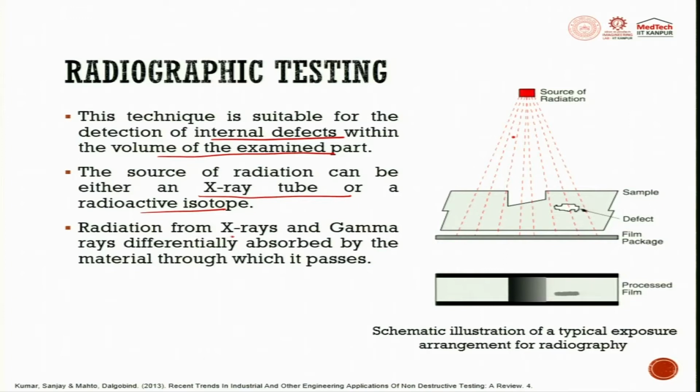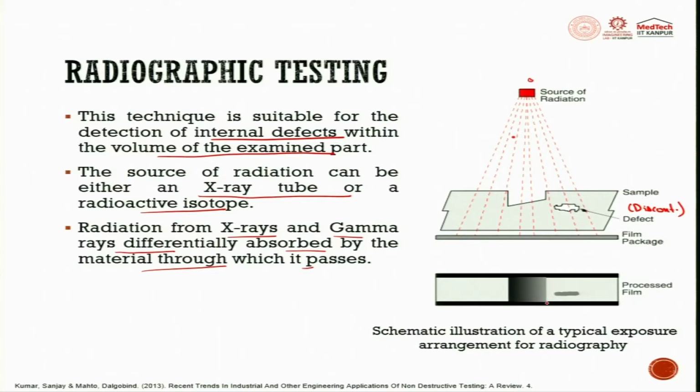The radiation from X-rays and gamma rays is differentially absorbed by the material through which it passes. So, a source of radiation falls on the material or the surface under inspection, and if a defect is there, it shows a discontinuity. The defect is there, so it reports this as a discontinuity.